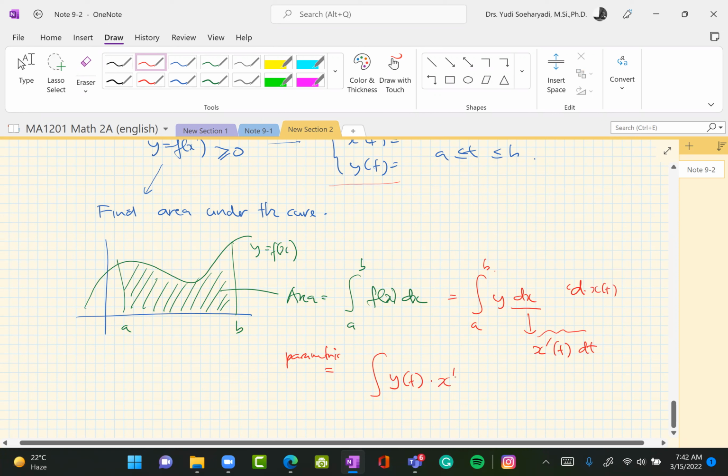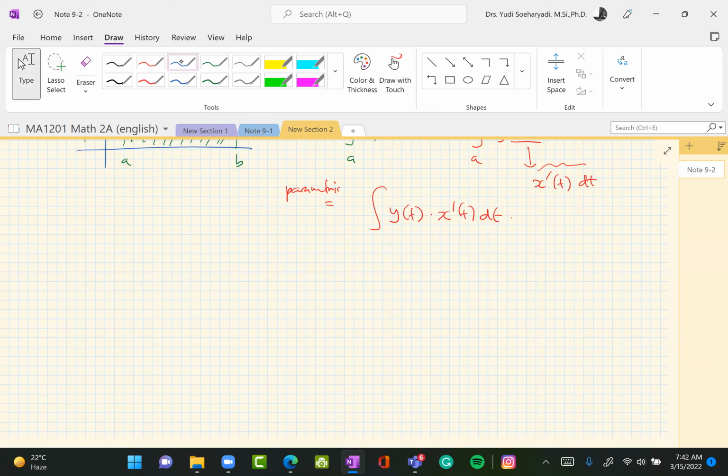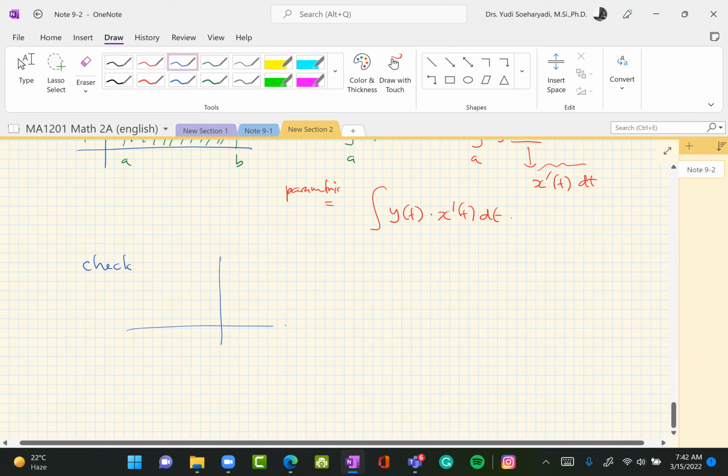So let's check this with a semicircle. We know this has equation y equals the square root of 1 minus x squared, x from -1 to 1.